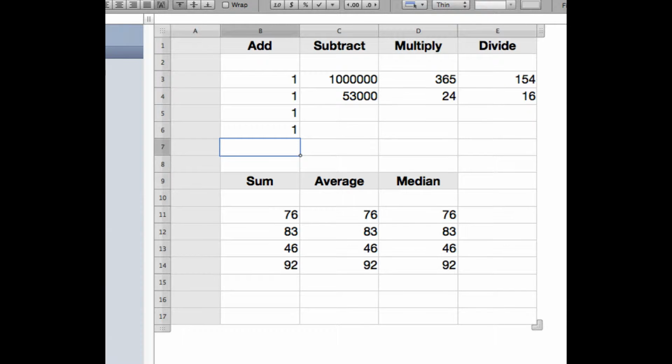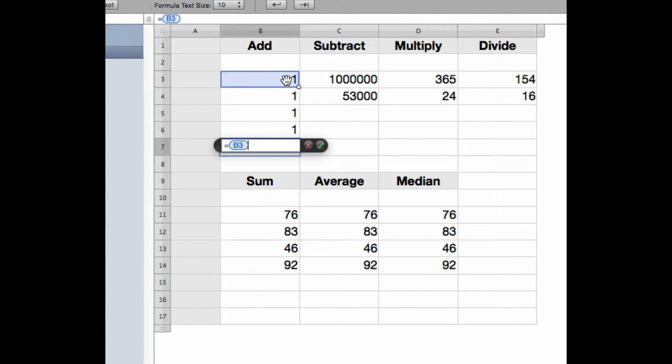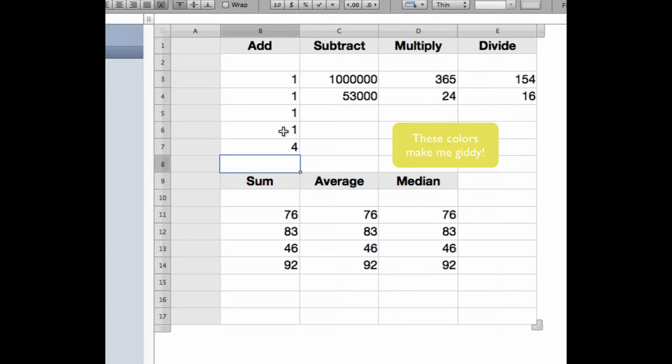So if you wanted to find out, for instance, what the sum of these four numbers is, sure, you could do that in your head, but a faster way to do it is to say equals, we're using that as a function, this one plus this one plus, look how they're all coming up in different colors, it's so beautiful! That one, and you add it all together, and you've got the number 4.